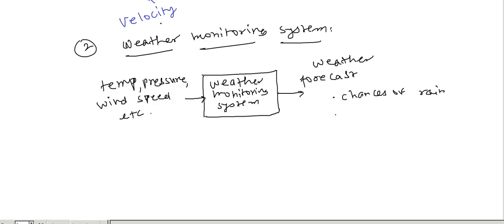Okay, now the third example is from electrical engineering, and that is a filter. Okay, so what is a filter?